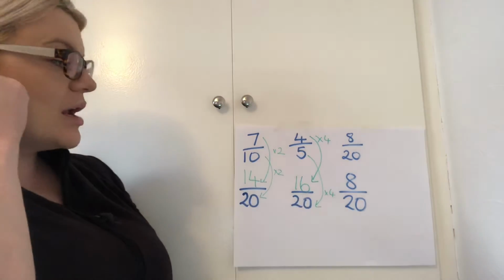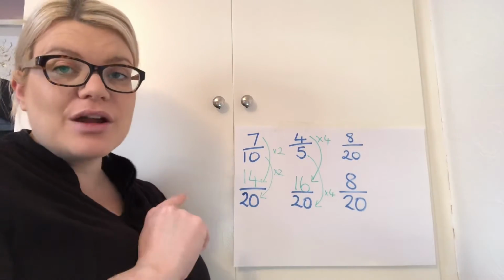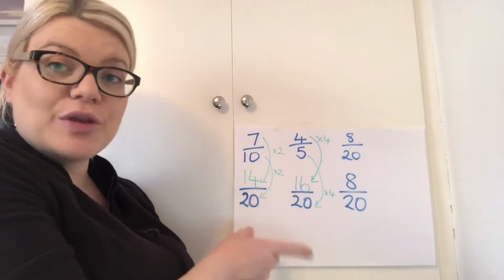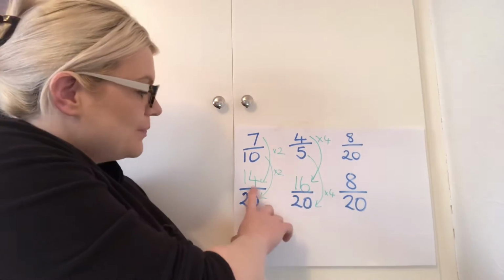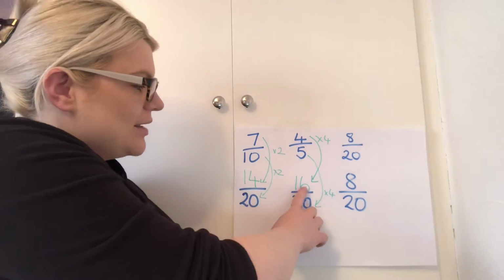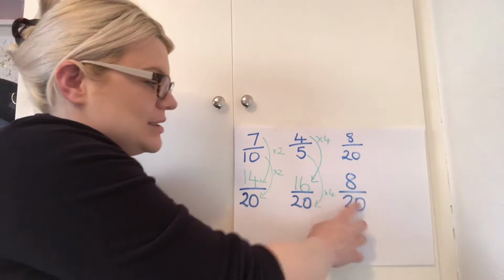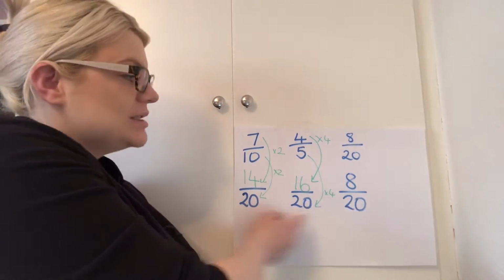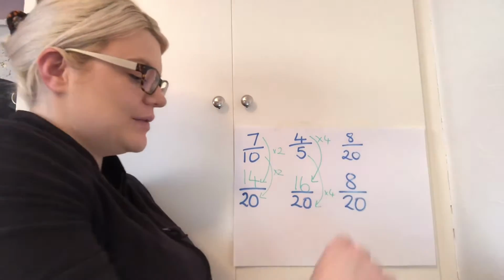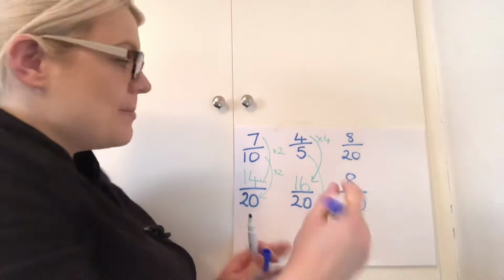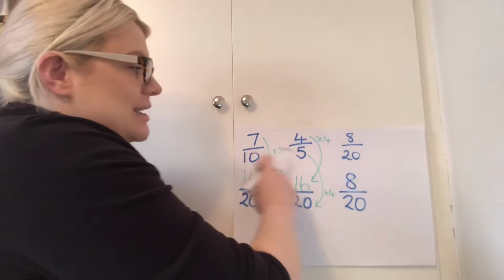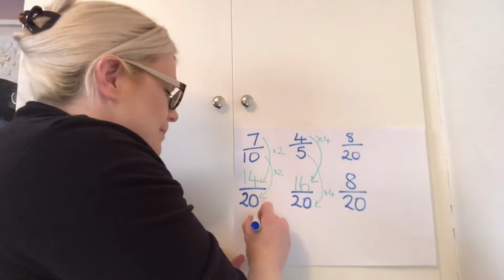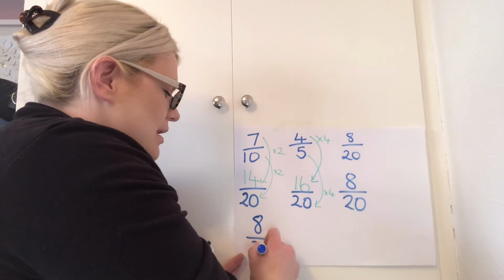So now what I can do is compare them and see which one is the smallest, which one's the largest, and I can put them in order. So I have 14/20, 16/20 and 8/20. Which one of these is the smallest out of the fractions? It is the 8/20. So when I'm ordering them, I'm going to go back to the original fractions at the top and put them in order. So I have 8/20.